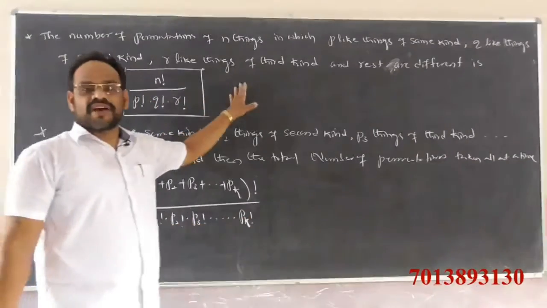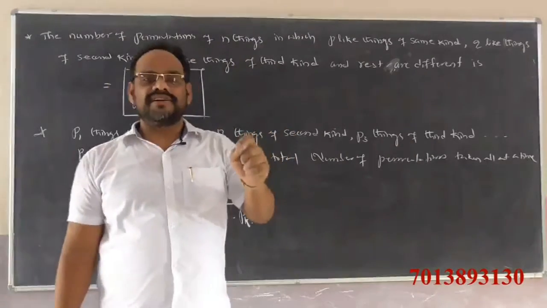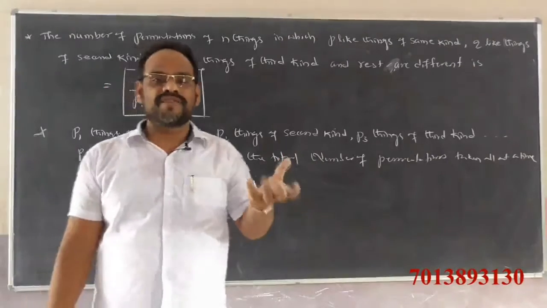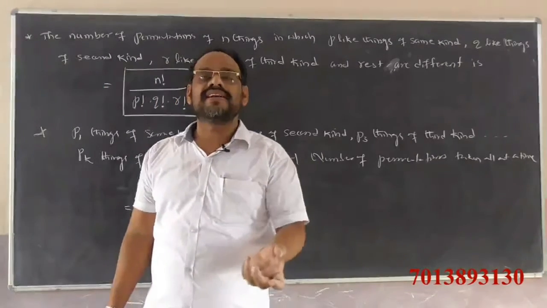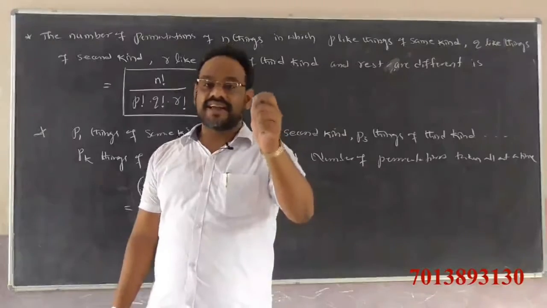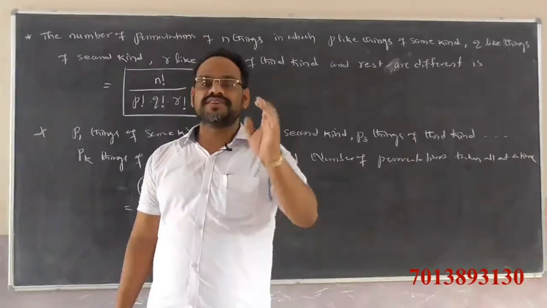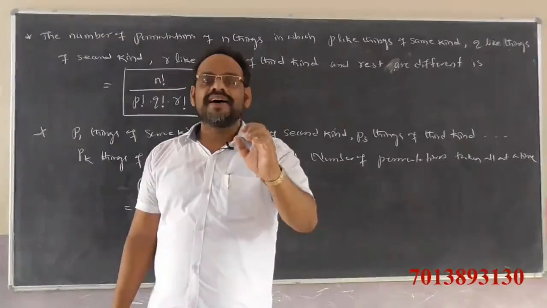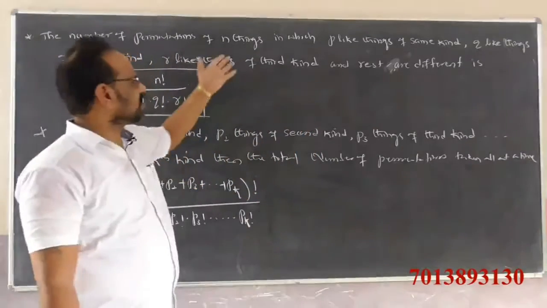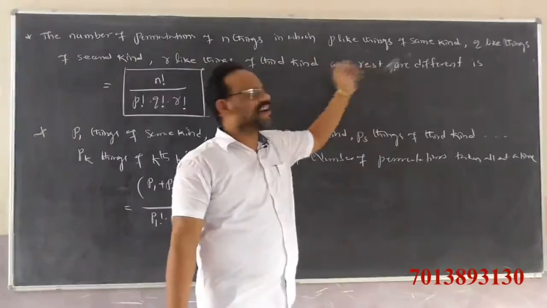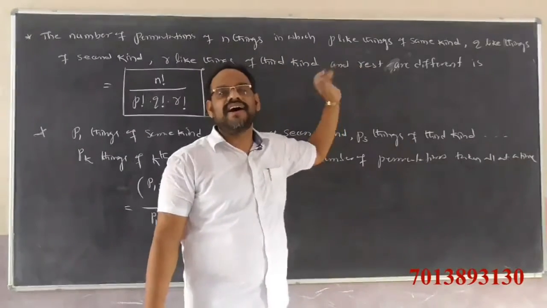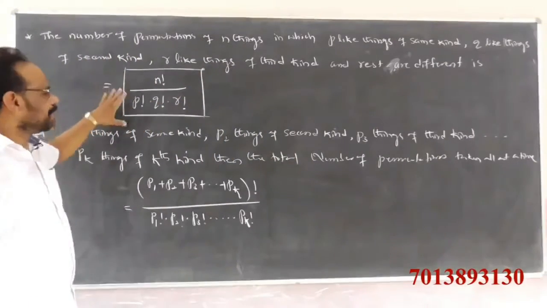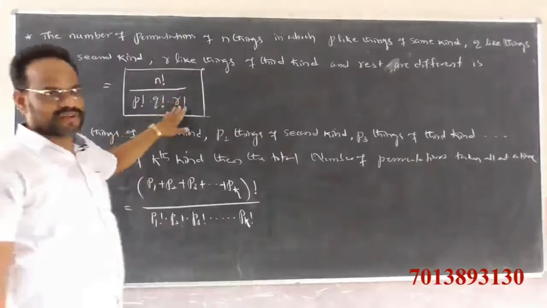So if p things among n things are alike, the number of permutations is clearly n factorial by p factorial. Already we discussed this. This formula extends to three kinds: p like things of the same kind, q like things of the second kind, and r like things of the third kind, giving n factorial by p factorial into q factorial into r factorial.